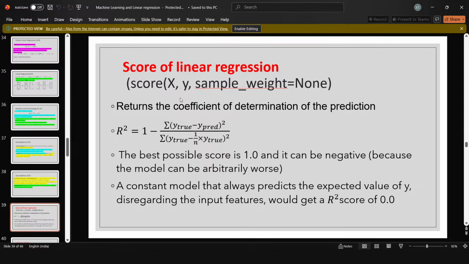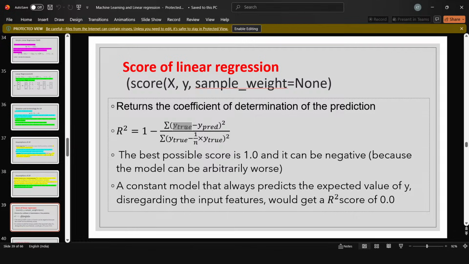Okay, so assume that you have created a linear regression model. How do you know whether your model is good, or whether the model that your friend created is good? For assessing this, we have something called the R square score. This tells how good your model is. It is calculated by this formula: 1 minus the summation of y true minus y predicted.